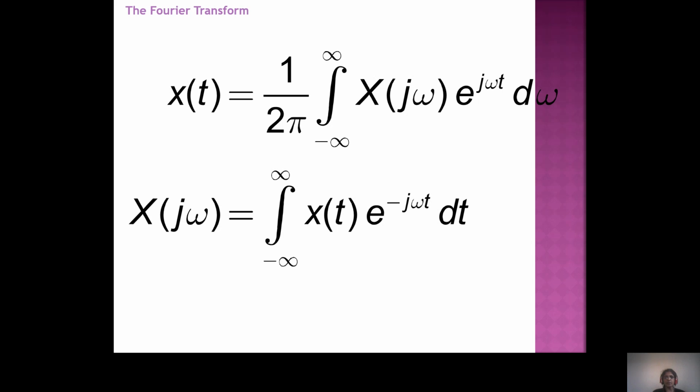So you have to remember these two things: x of t equals 1 by 2 pi integral of X of j omega e power j omega t d omega, and X of j omega equals the integral of x of t e power minus j omega t dt.